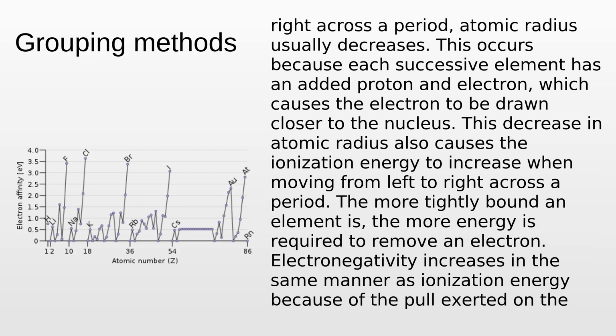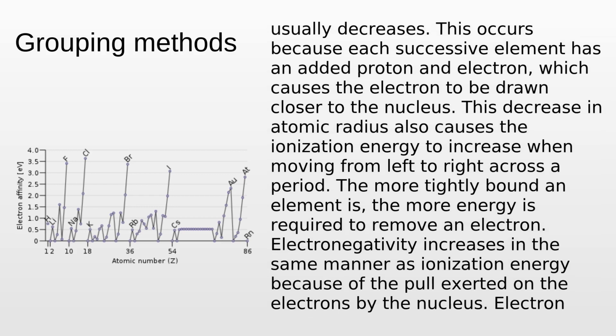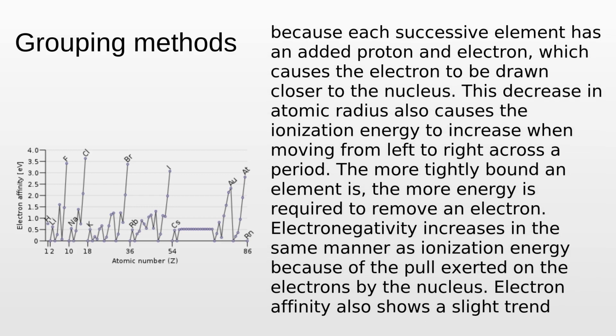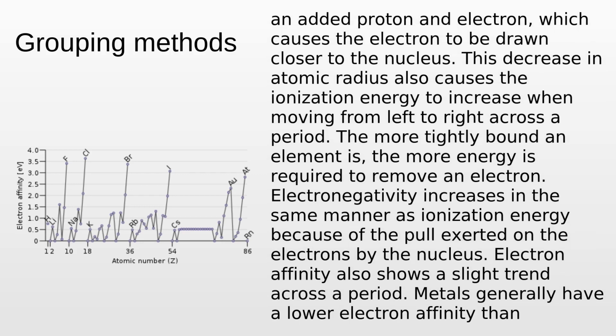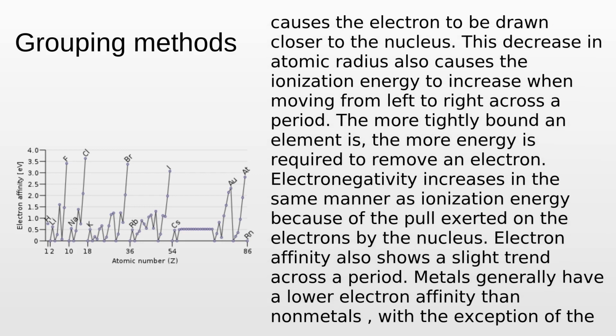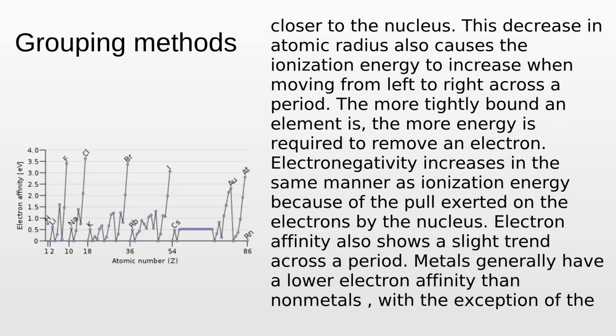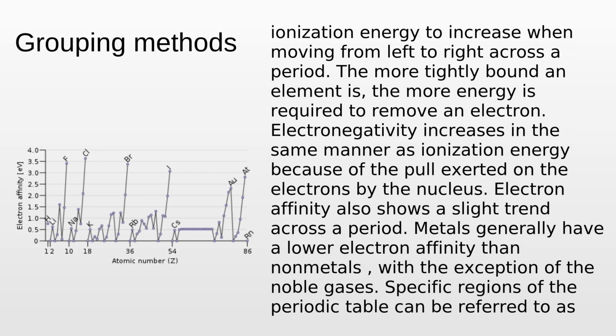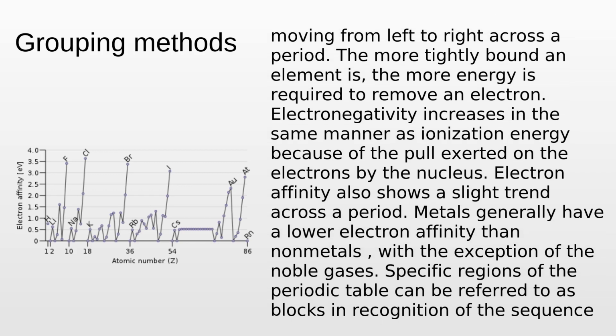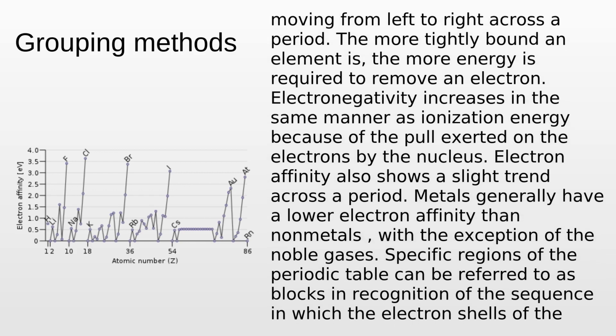Moving left to right across a period, atomic radius usually decreases. This occurs because each successive element has an added proton and electron, which causes the electron to be drawn closer to the nucleus. This decrease in atomic radius also causes the ionization energy to increase when moving from left to right across a period.